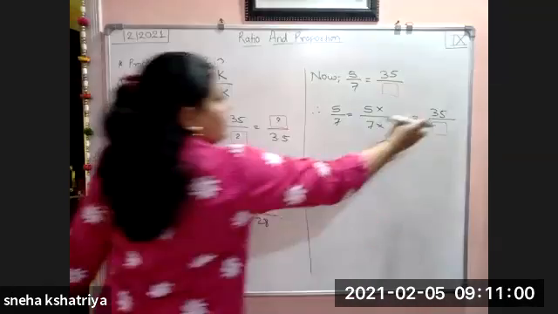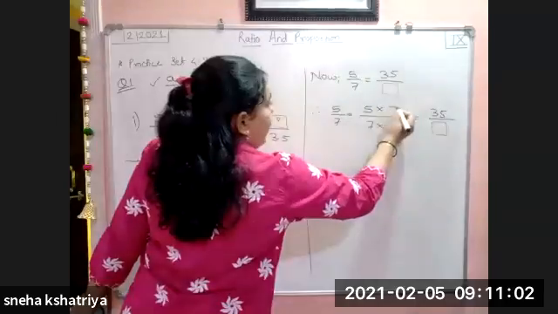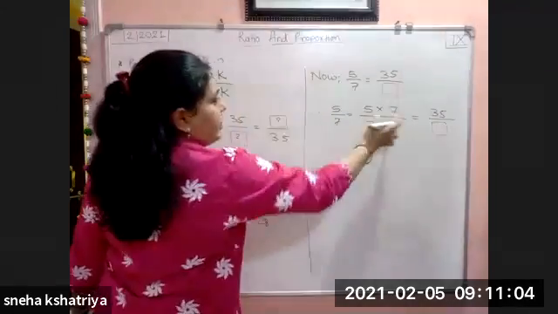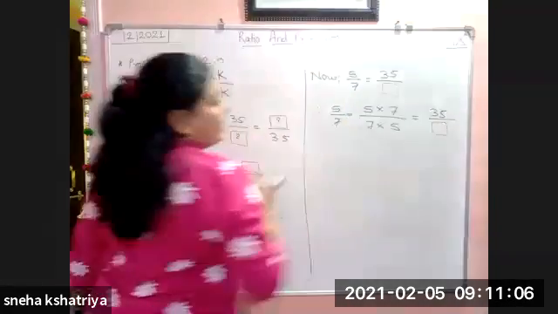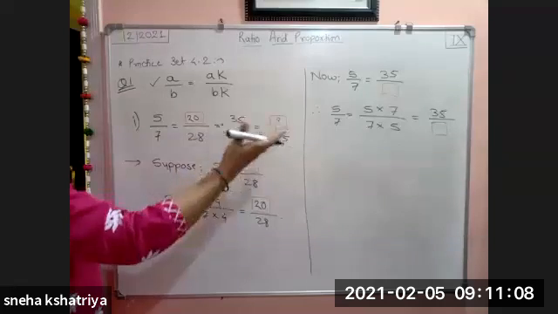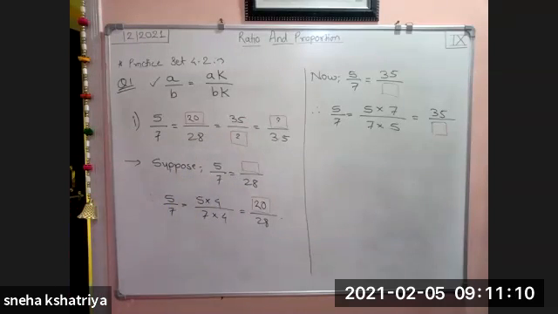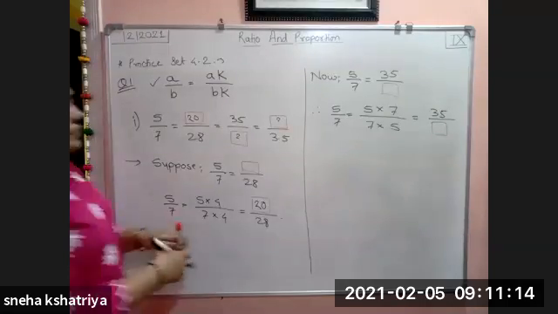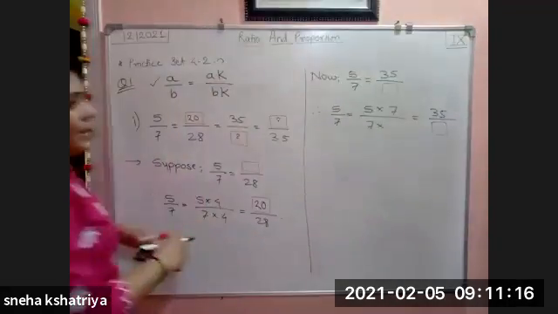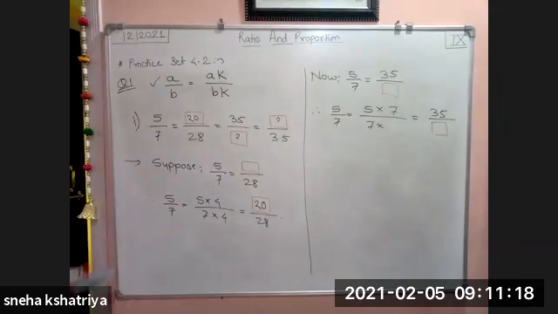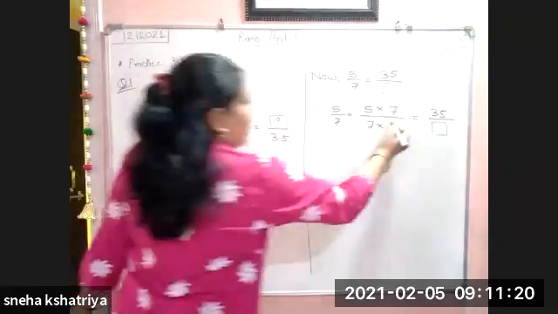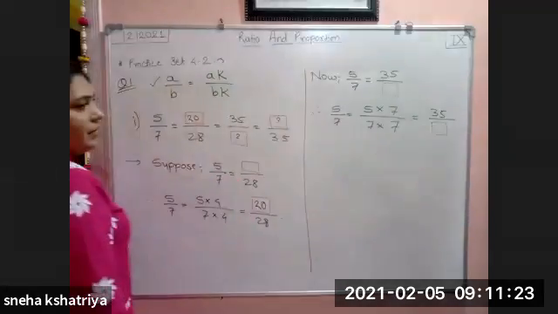5 7s are 35. If you are multiplying by 7 at the numerator, then at the denominator also you have to multiply by the same number, that is 7.